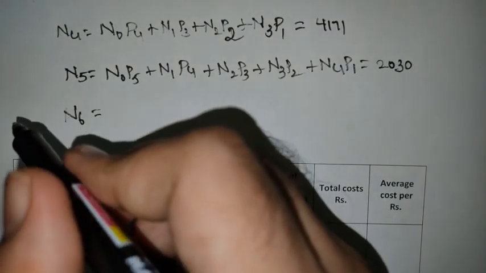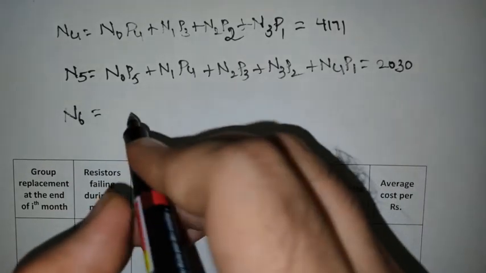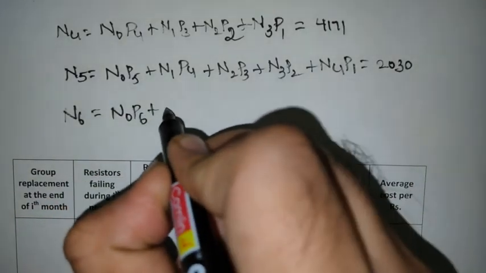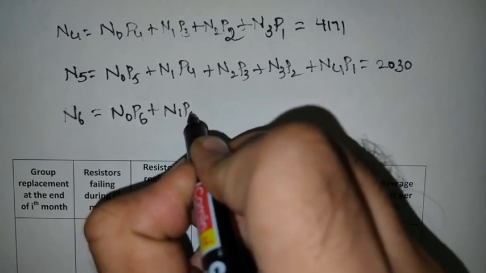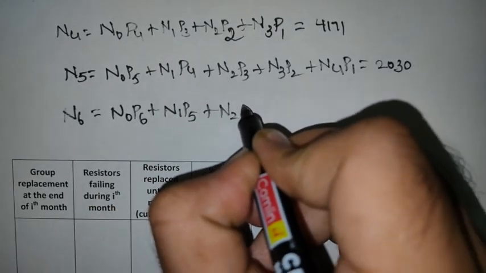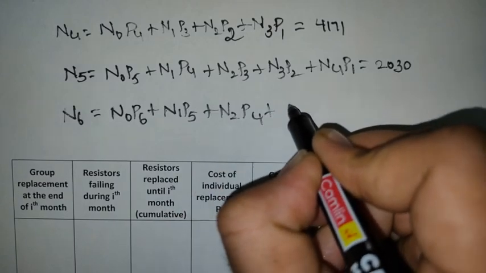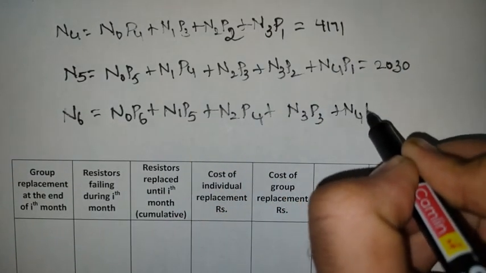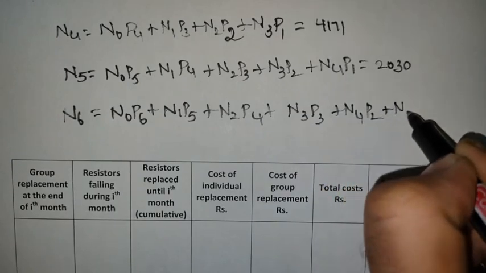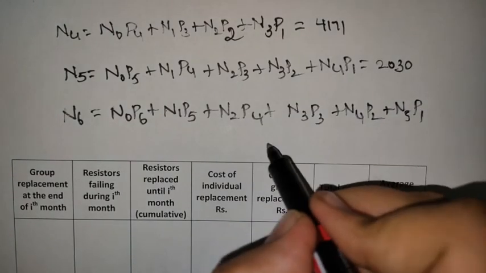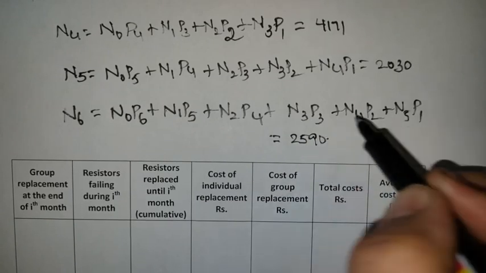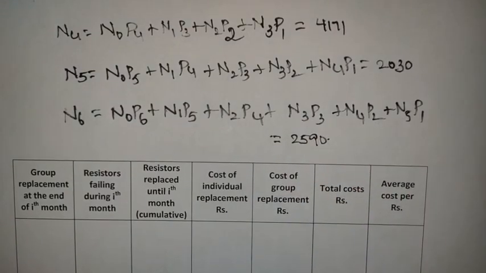So N6 is equals to N0 into P6 plus N1 P5 plus N2 P4 plus N3 P3 plus N4 P2 plus N5 P1. So we will get the value as 2590 if you substitute all of them.